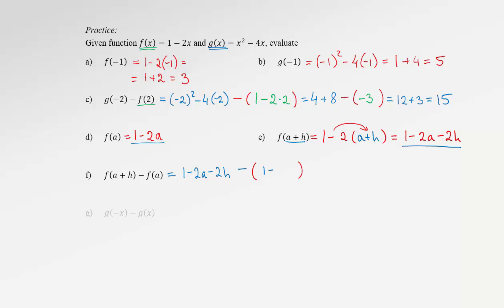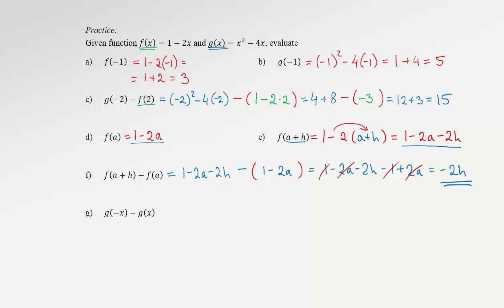And that becomes 1 minus 2a. All together, open the bracket and simplify terms. Minus 1 plus 2a. It turns out that 2a will be reduced with negative 2a and 1 with negative 1. So the overall answer is just negative 2h. Final answer.